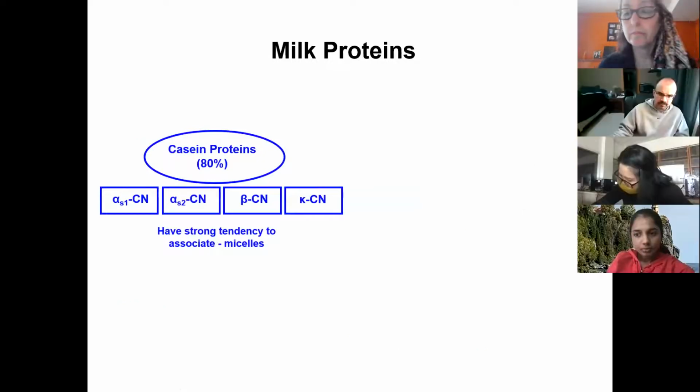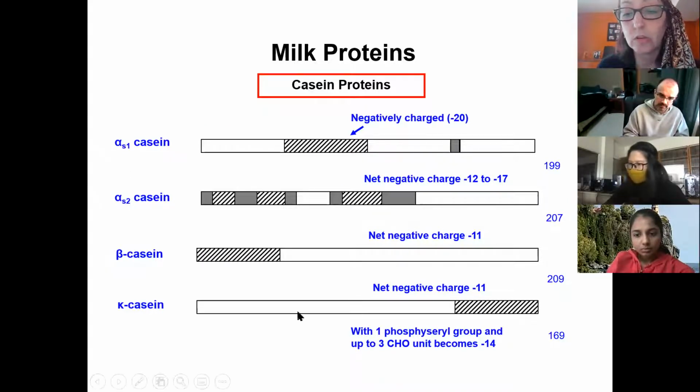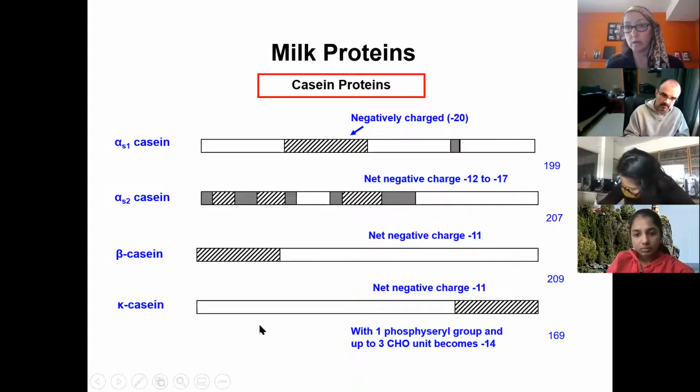Pam, just for clarification, on that last slide, kappa casein does have a phosphate group on it? One. So one phosphosyl group and up to 3 carbohydrates. So it's mostly glycosylated. It's definitely not as phosphorylated as the others, so it's not sensitive to calcium.